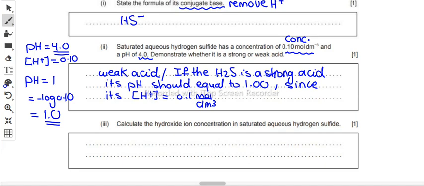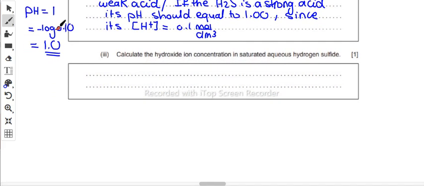Continuing with the triple, calculate the hydroxide ion concentration in saturated aqueous hydrogen sulfide. So if we go to the question, we're going to have the pH, which is 4. The question is asking me to find out the hydroxide ion. So I'm going to find firstly the pOH, which is equal to 14 minus 4, and definitely it's a 10.